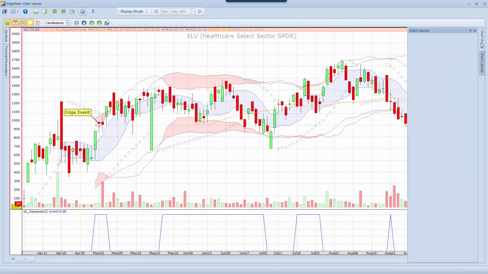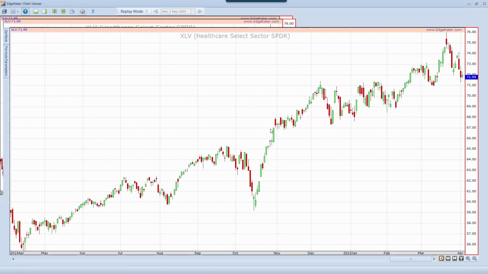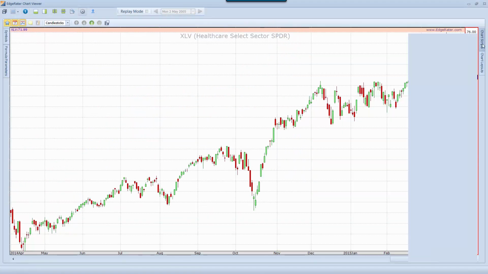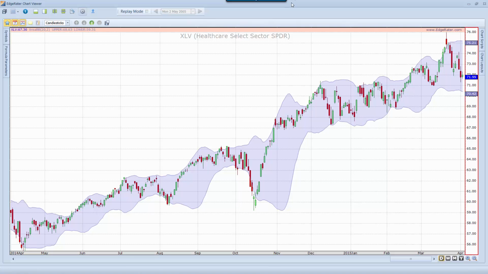Alternatively, if we didn't want to do that, we can set this chart back to a default chart with no indicators. This is where we can start from scratch, and just drag in the area Bollinger Band indicator. Drag that over here. So now this chart just has Bollinger Bands in. All right.